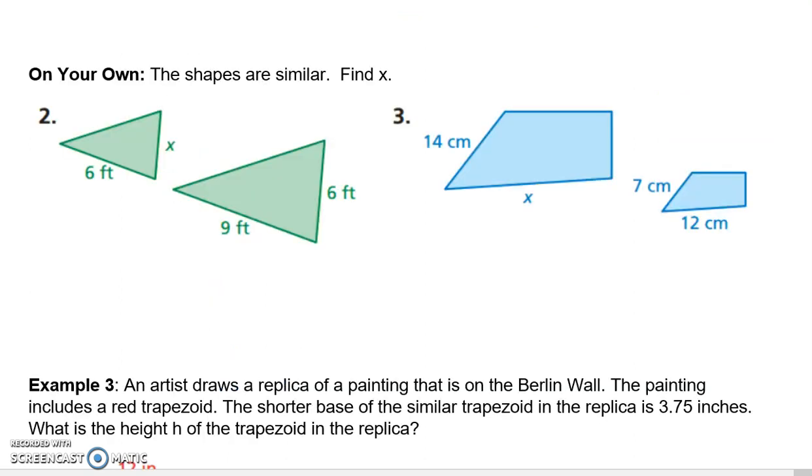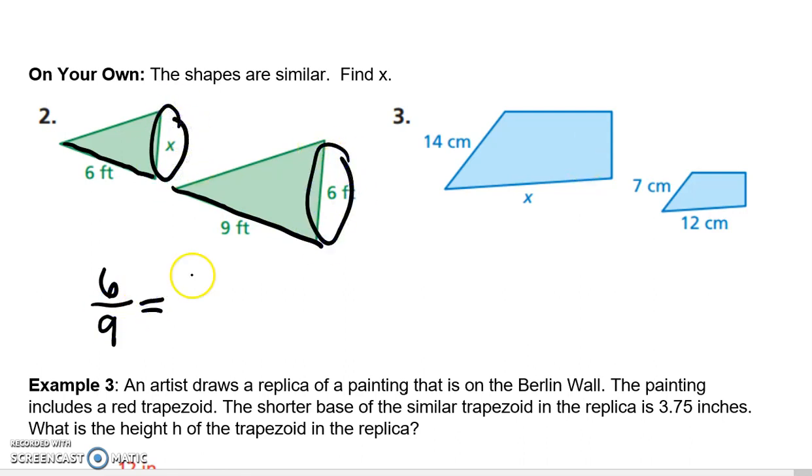All right, these next two you are supposed to do on your own. I'm going to be real nice and help you set up number 2, but you're going to have to set up and solve number 3 on your own. These two sides are corresponding, so you would say 6 over 9 equals x over 6. Notice how I went from shape number 1 to shape number 2: 6 over 9, and then I went back to shape number 1, equals x over 6.